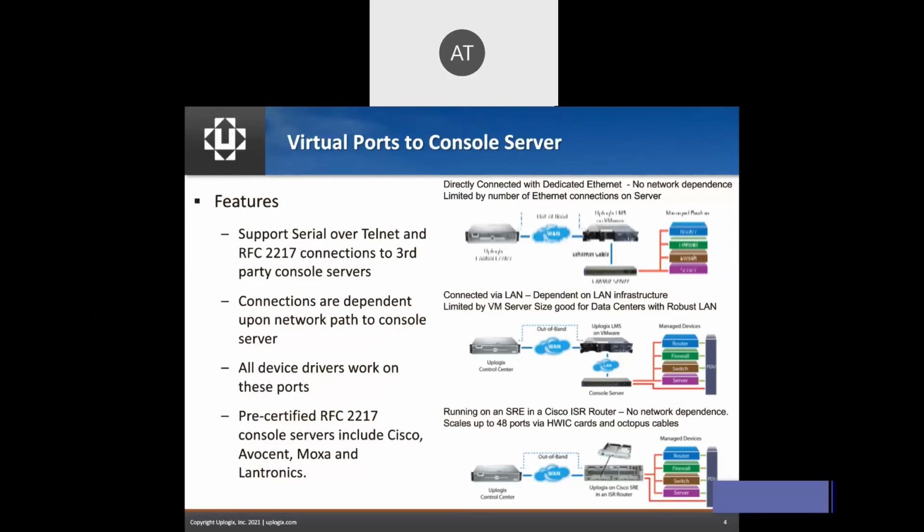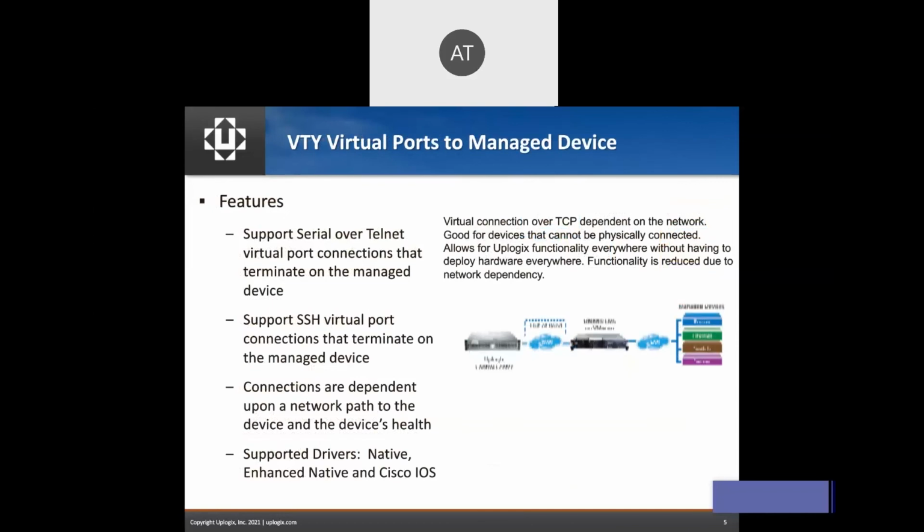So if you have a VM firewall, for example, that has an SSH interface running, we can configure a virtual port to connect to that, and that gives us access over the network. These work with whatever system you're connecting to. Basically, if it's got SSH or Telnet, we can connect to it over the network.